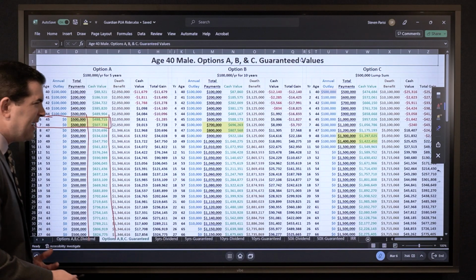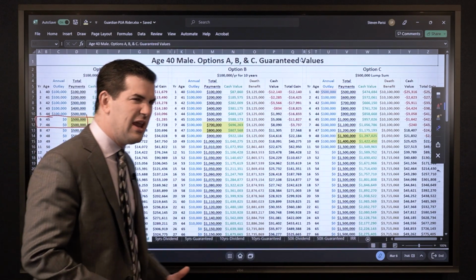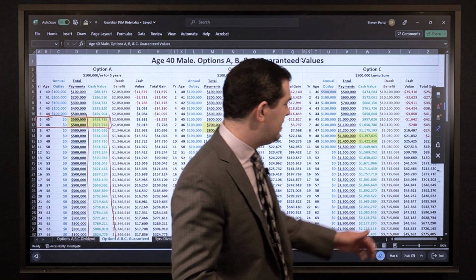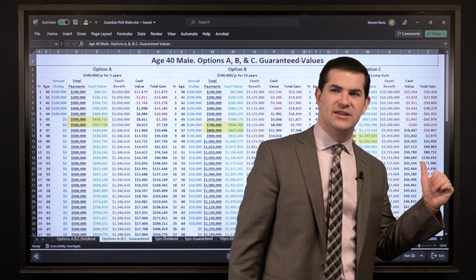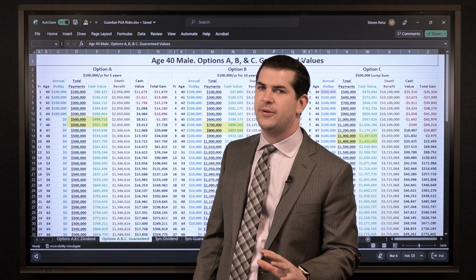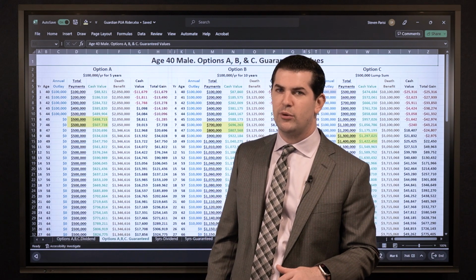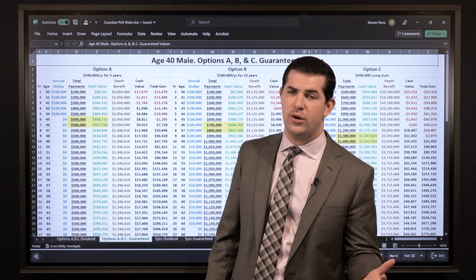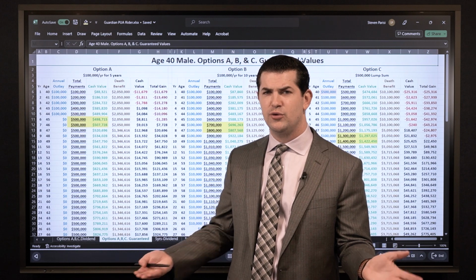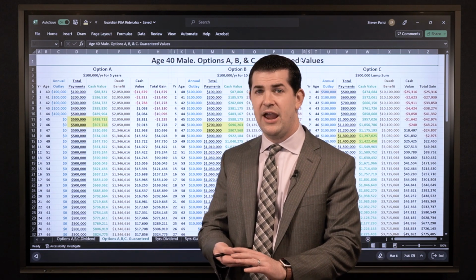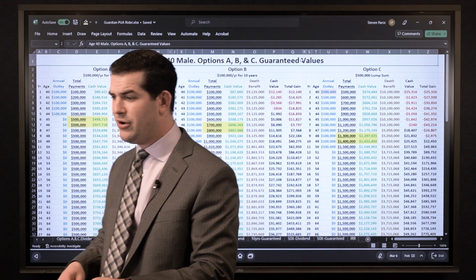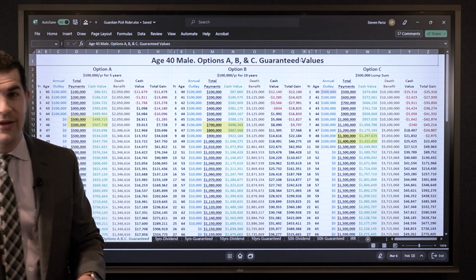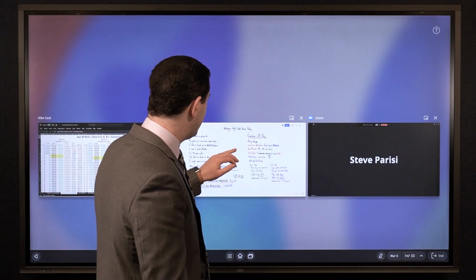Where people typically get that sick feeling in their stomach is when they see something like this after the fact. Meaning we don't want to feel like we were just shown the best case scenario, never shown the guaranteed values, or it was just brushed over very quickly. And then we find out later, it's like, oh no, I just wanted to know up front more than anything else.